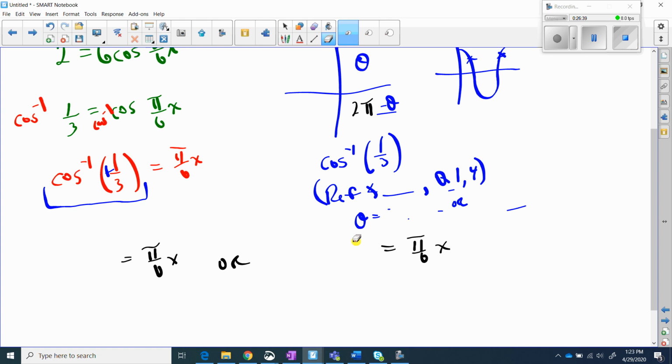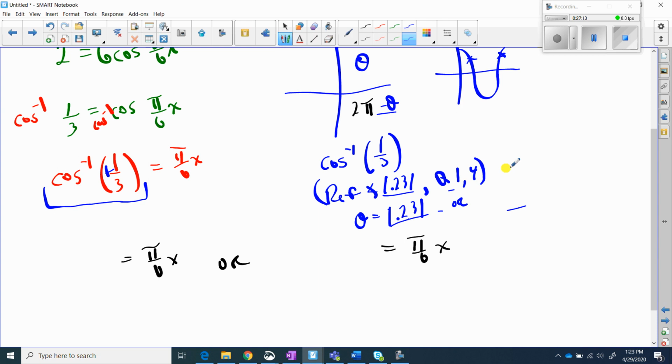Okay, so now let's get our calculator in radians instead of degrees. Okay, good. I'm in radians now. Same thing: 1/3 inverse cosine function, and I get 1.231. That's my reference angle. So in quadrant 1, the answer would be 1.231 radians.